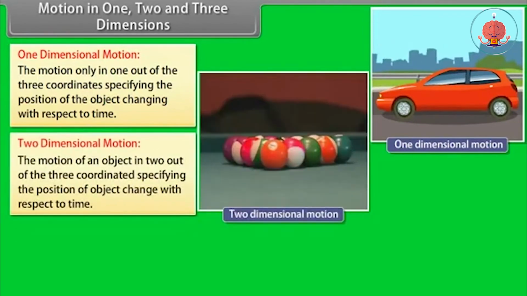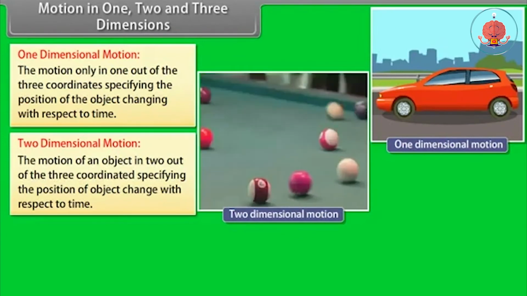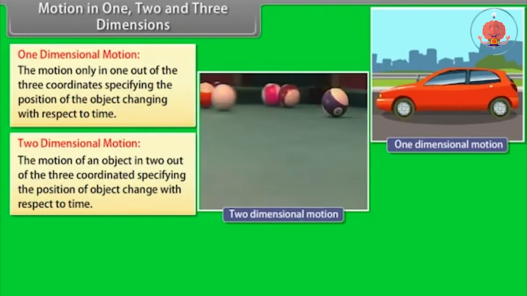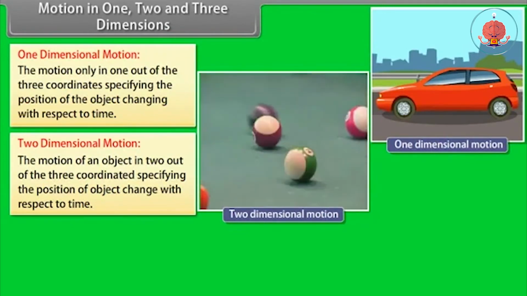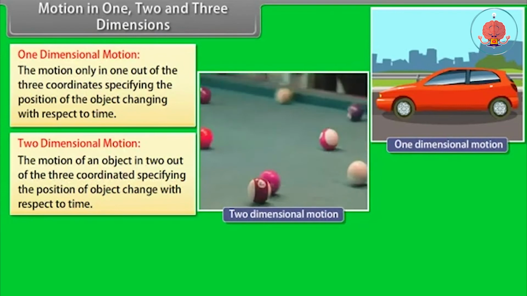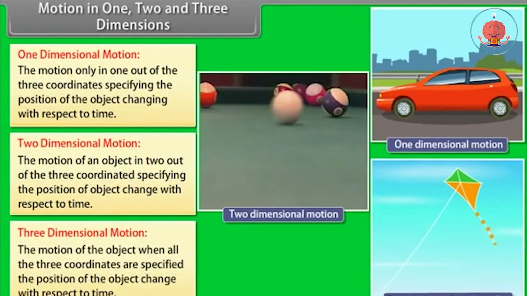The motion of an object in which 2 out of 3 coordinates specifying the position of the object change with respect to time. Example: a billiard ball moving over a billiard table. Three-dimensional motion. The motion of the object when all 3 coordinates specifying the position of the object change with respect to time. Example: a kite flying on a windy day.